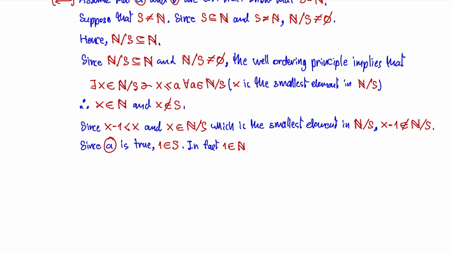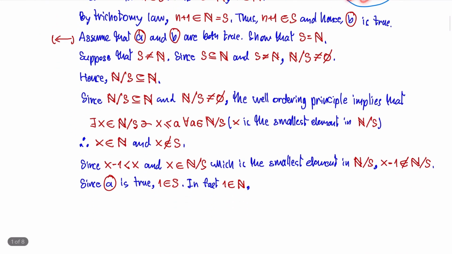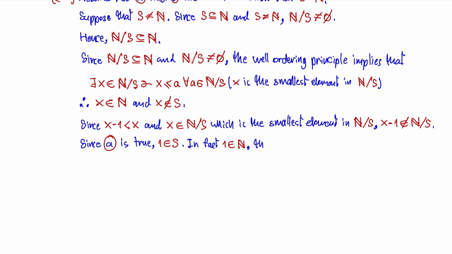In fact, 1 is in the set of natural numbers. What happened? 1 is in S and 1 is in the set of natural numbers. This means that S and N have 1 as a common element. So if we exclude S from N, 1 will disappear from this set. So this implies that 1 is not in the set of natural numbers excluding set S.